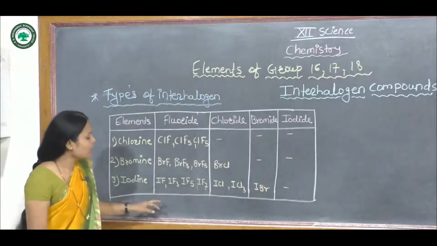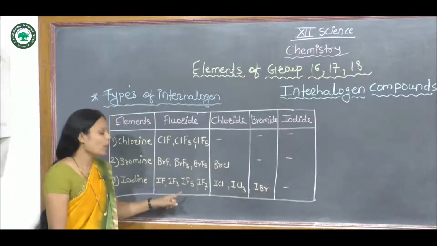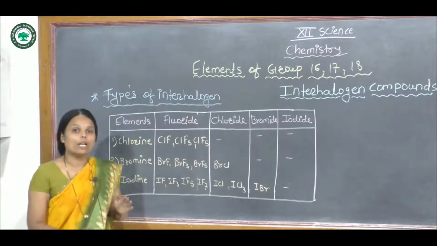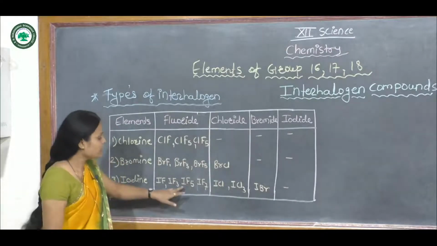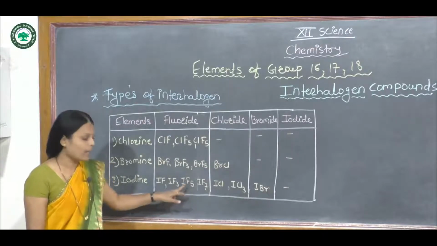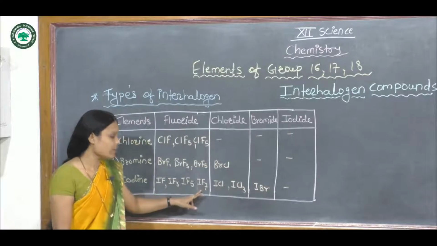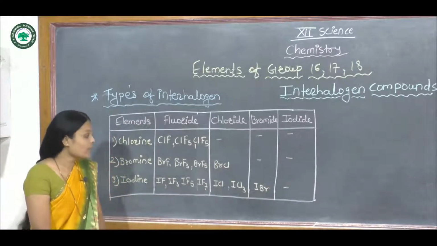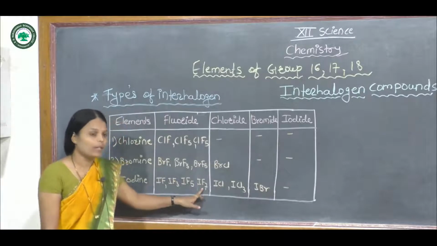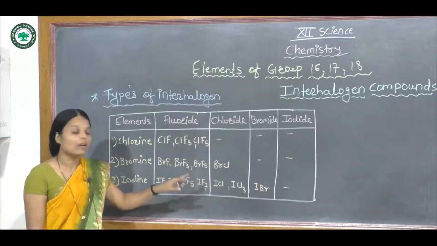Then iodine reacts with 5 atoms of fluorine to form iodine pentafluoride. Then IF7 means iodine heptafluoride, with 7 atoms of fluorine.